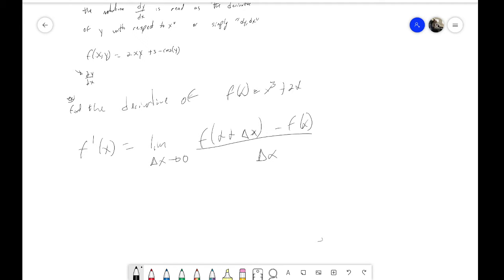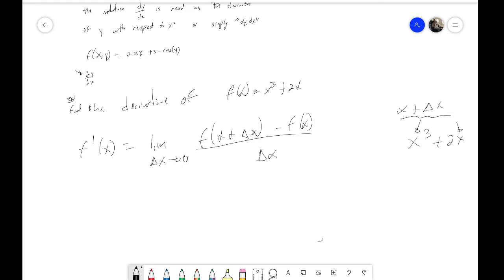So we're going to be plugging in x plus delta x into x cubed plus 2x. We're going to be plugging this into these x's, and performing the operation.